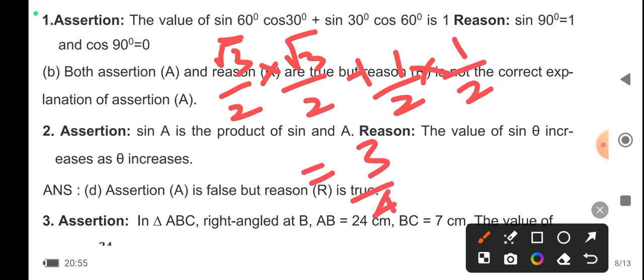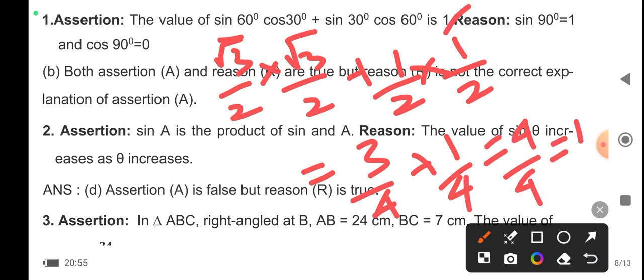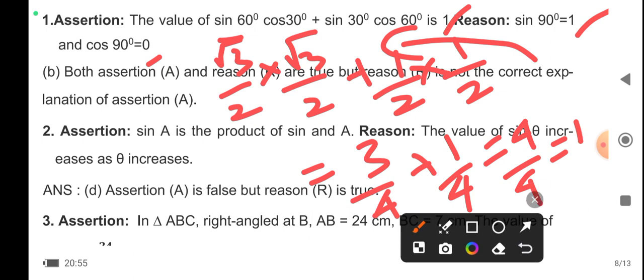So 3 by 4 plus 1 by 4, we are getting the answer 4 by 4, which is 1. So the assertion is correct. Reason: sin 90 degree is 1 and cos 90 degree is 0. Both are correct, but this won't be the reason for this. So both are correct, but R is not the correct explanation of A. Option B is the answer. Check.